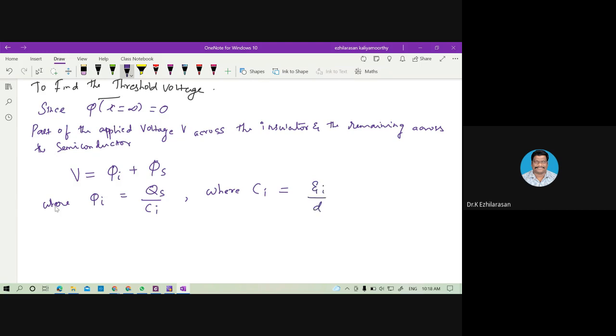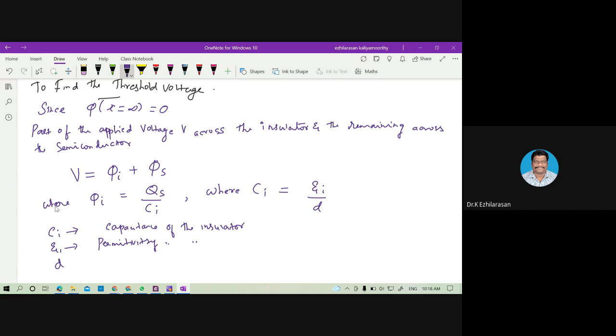Now we need to know what the terms are. What is the Ci term? The Ci term is nothing but the capacitance of the insulator. Then what about epsilon i? Epsilon i is nothing but the permittivity of the insulator.